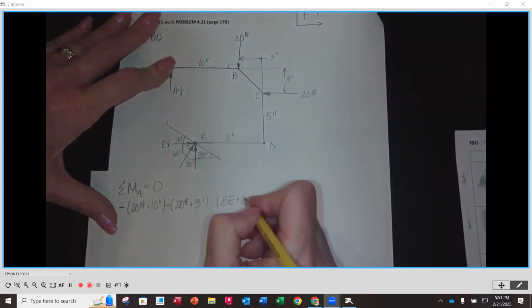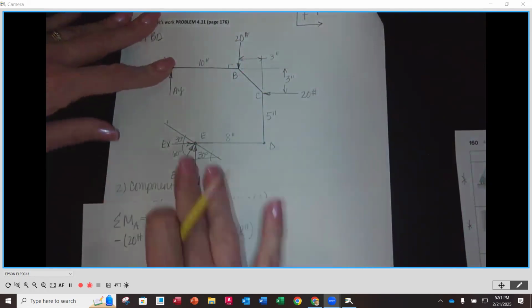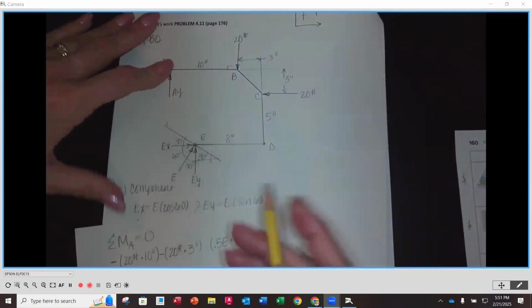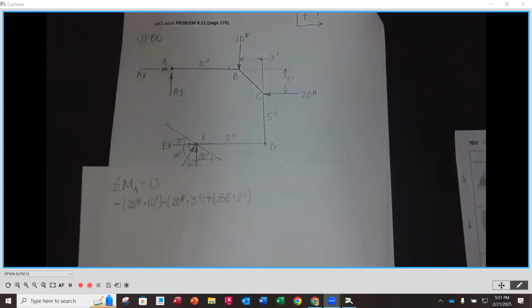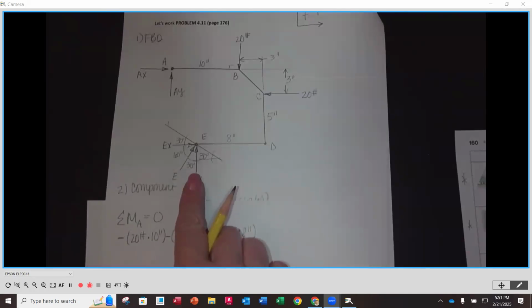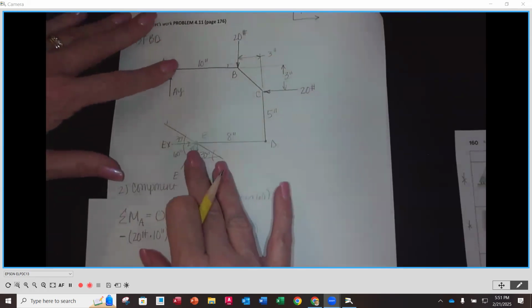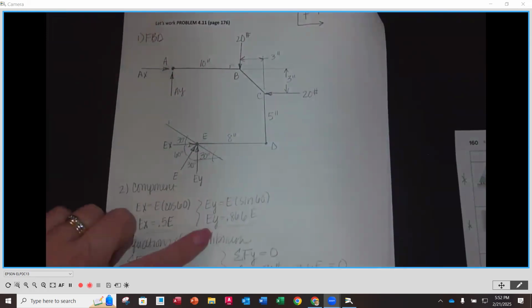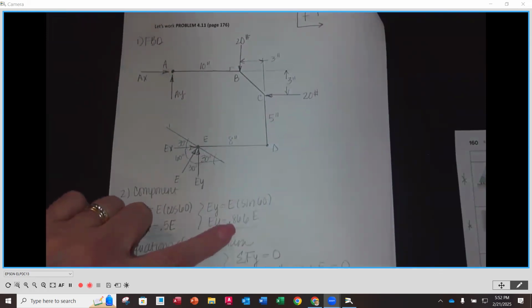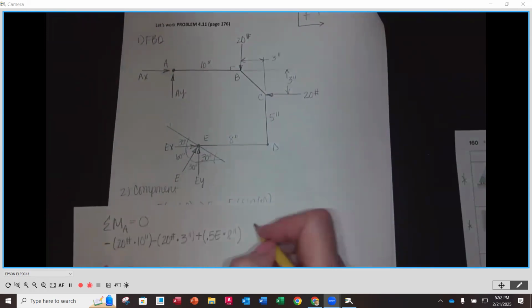So times 8 inches. And the direction of rotation is going to be counterclockwise, so that means it's going to be positive out front. Okay. And then we have one more force. The Y component of E is also going to cause a rotation. Okay. And the magnitude is going to be 0.866 E.